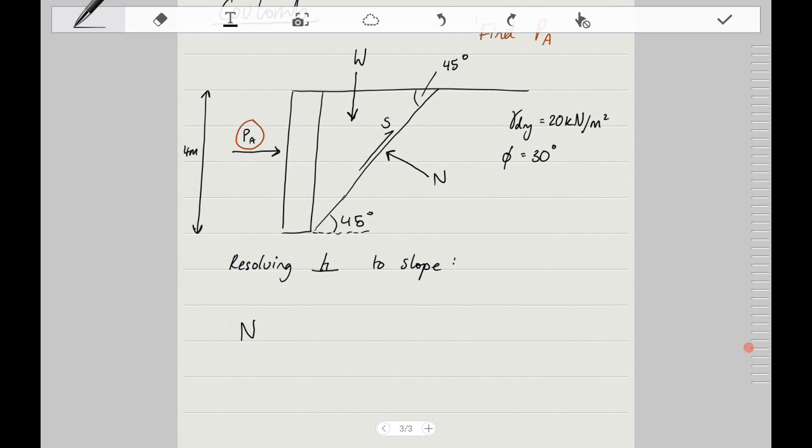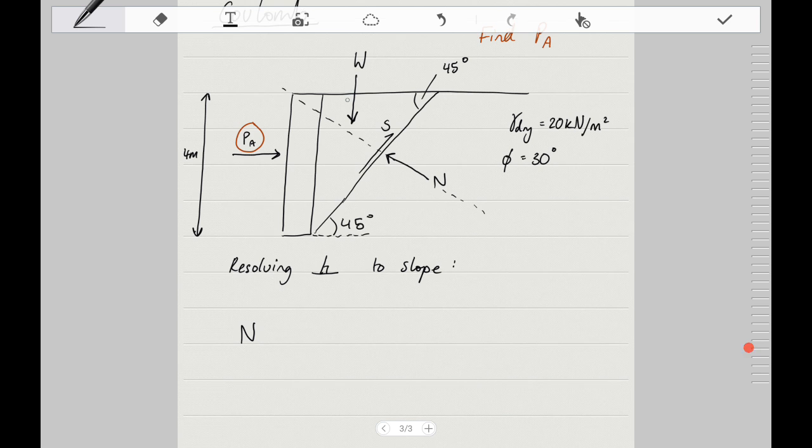Everything else is perpendicular, so S won't be included in this for obvious reasons. It's perpendicular to the axes that we're looking at. We're basically interested in this axis, the axis perpendicular to the slope, right?